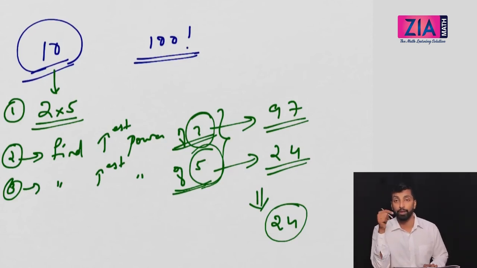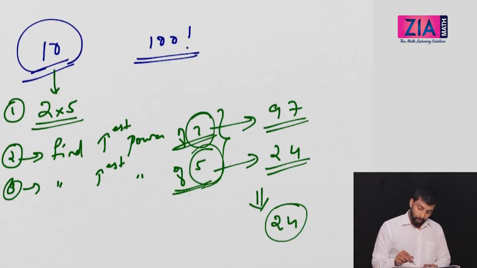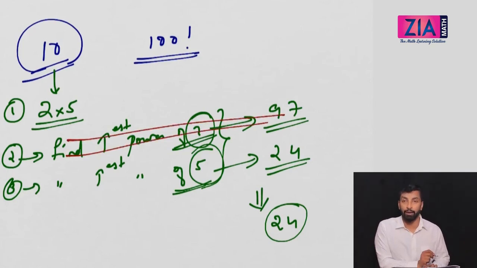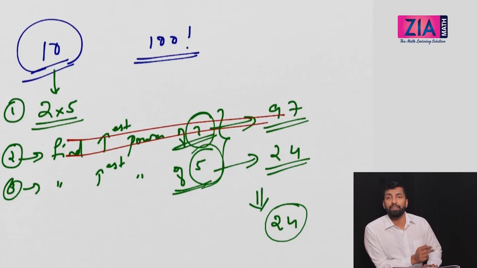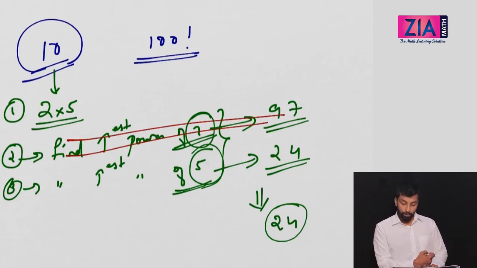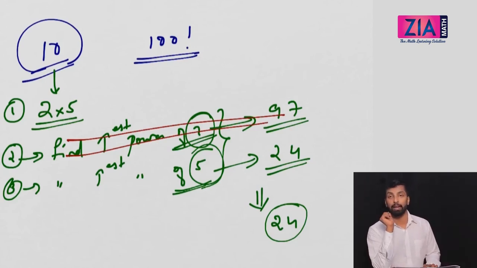You can't make 10. You need a 5 and 2 combination, right? So effectively, the number of 2's is not required. If I ask you how many 10's are there, you just need to find the number of 5's. Because if the number of 5's is 24, 2's will anyway be more than 24. I hope you understood this, right? So that is a way in which you can find the highest power of a composite number in a factorial.